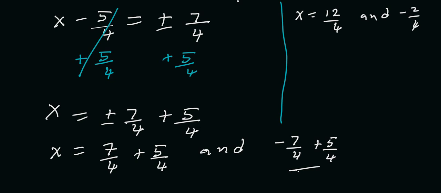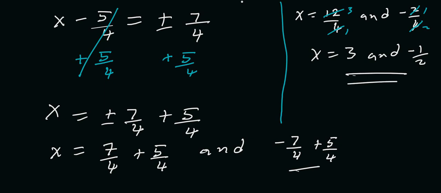So if we simplify this further, you discover that 12 divided by 4 is 3, and 4 divided by 4 is 1. And then 2 divided by 2 is 1, and 4 divided by 2 is 2. So finally, the answer becomes x equal 3 and negative 1/2. And this is now the final answer.